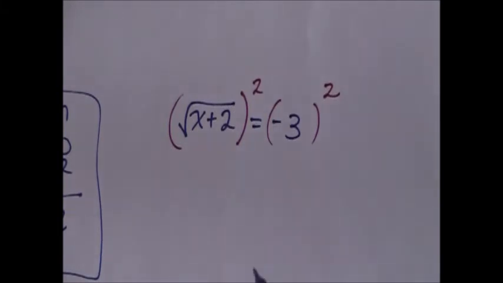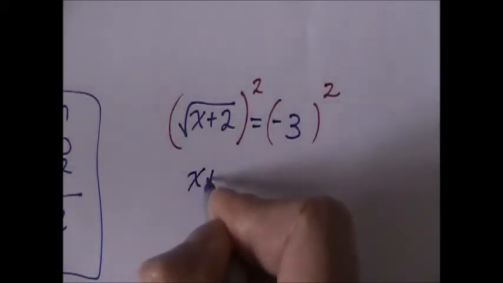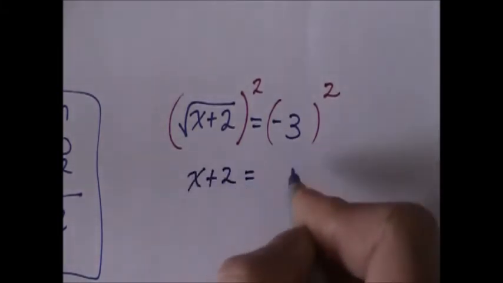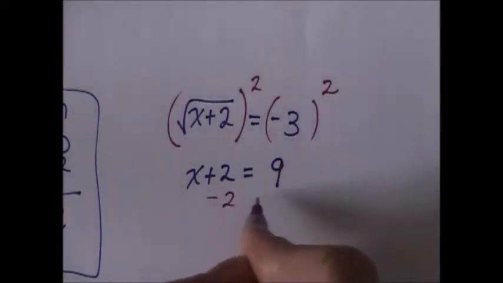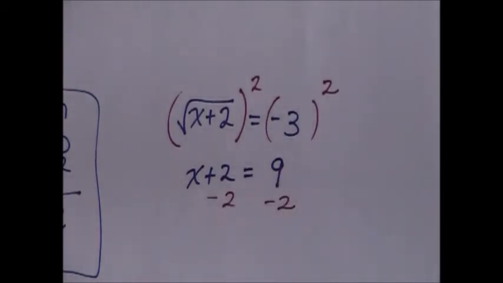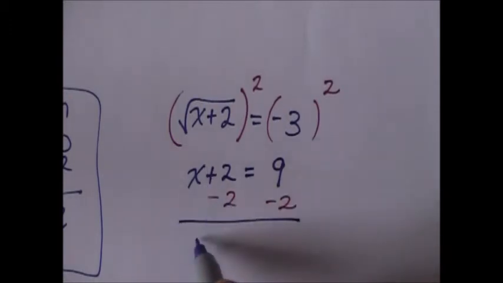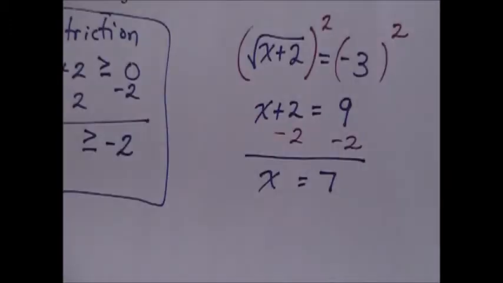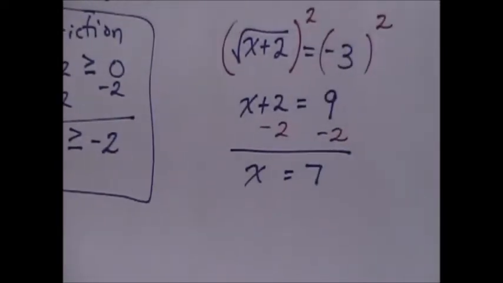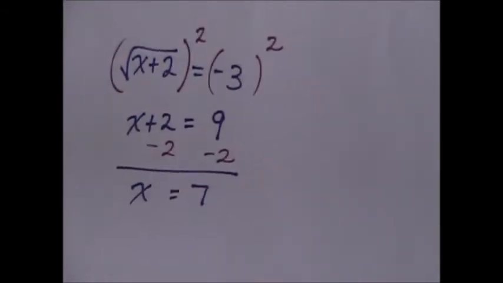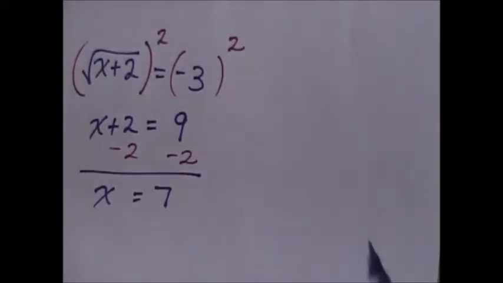On the left-hand side, that leaves us with x plus 2. On the right-hand side, we get 9. We still want x, not x plus 2, so subtracting 2 from both sides, I get x is equal to 7. Comparing this to our restriction, it looks like x equals 7 should work, but we're going to do a check to make sure that it does indeed work.